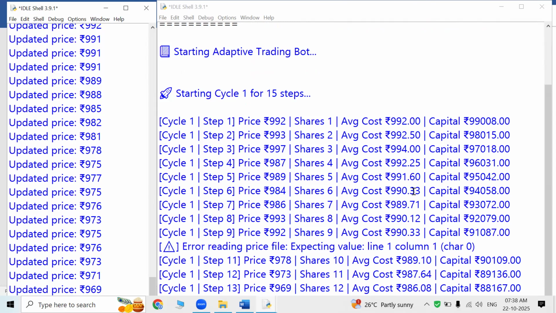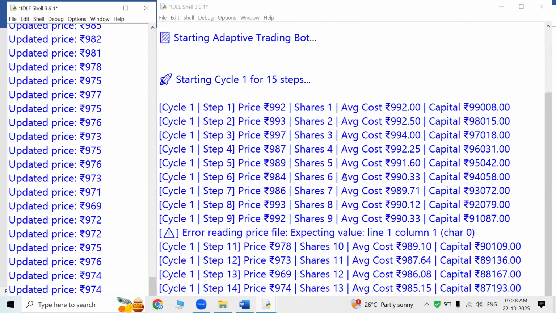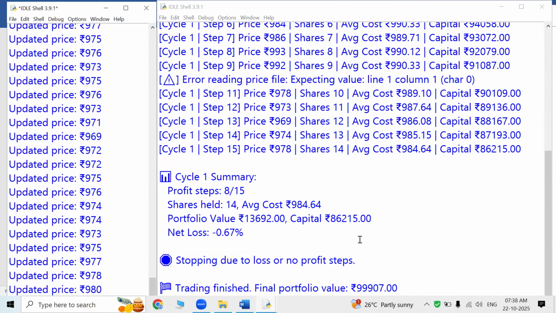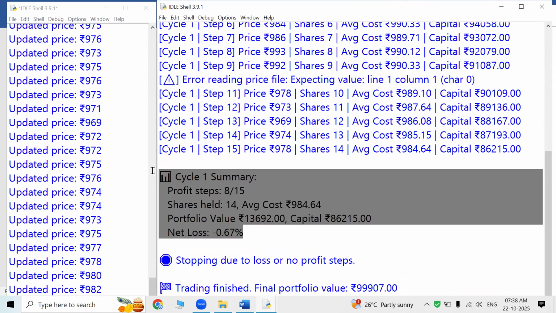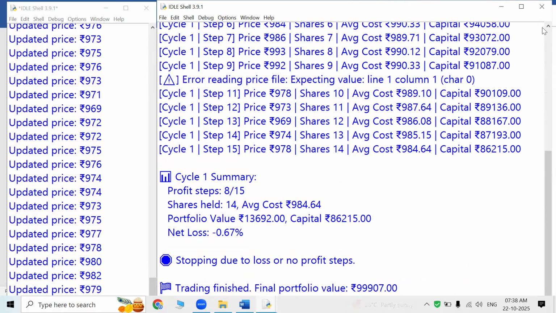The price started at almost 992 and we are on 997. In step number 13, we are going to make a loss for sure and the algo is going to stop. Let's check what is happening after 15 steps. For sure, we are going to stop at 985. So the cycle again, we are in a loss.